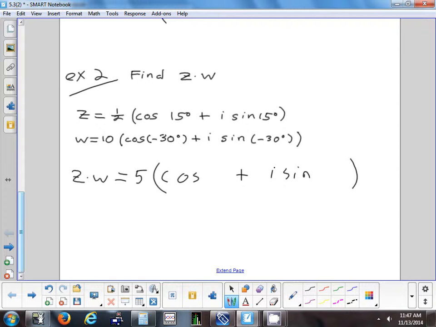Yep, -15. Now, off to the side, -15, what would that be the same as if you did it as a positive? 345. So instead of writing -15, I'll do it all in one step: add 360, make it positive.